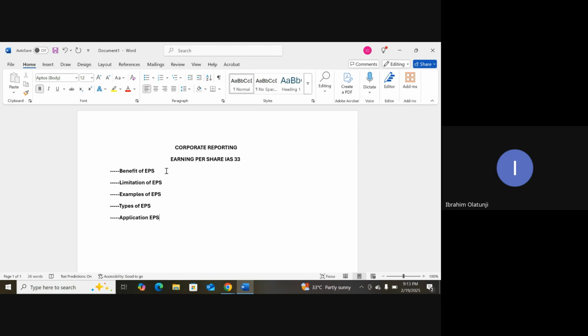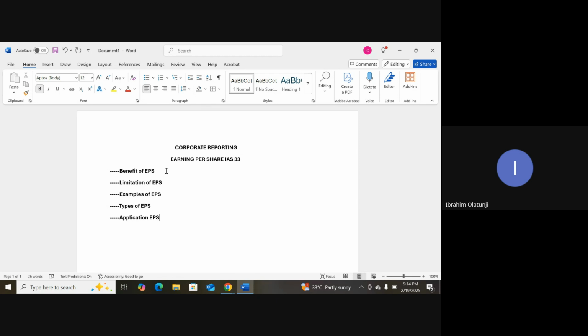We said earlier that we can use earnings per share as a measure of financial performance between two entities, that is, between two companies. We can also use it to assess the profitability performance of the company.